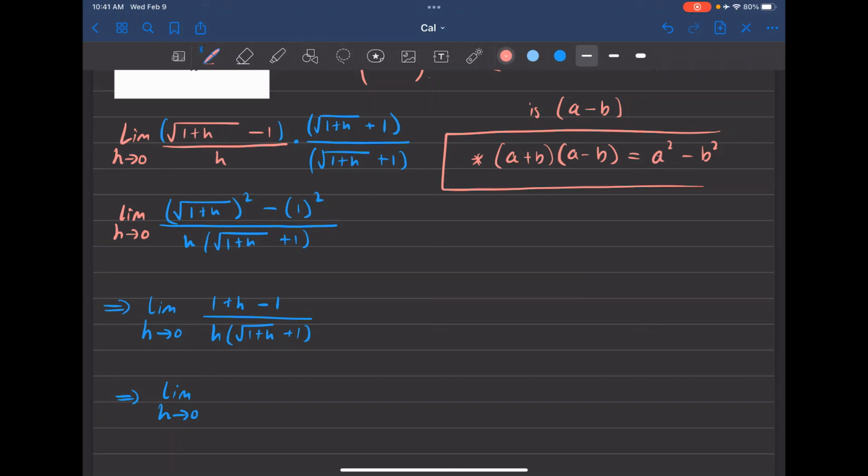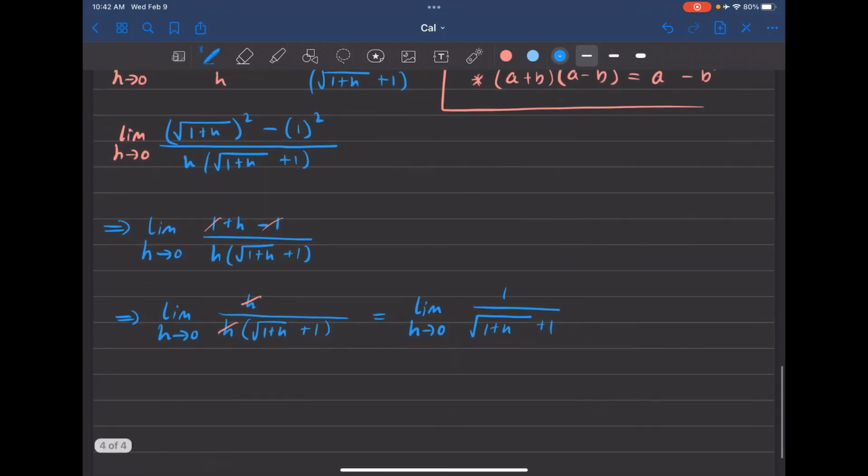We know that the 1s will cancel out. So on top, we're left with h, and on the bottom, we have h times the square root of 1 plus h plus 1. And here again, you should notice that the h's cancel each other out, and that gives us the limit as h approaches 0 of 1 over the square root of 1 plus h plus 1.